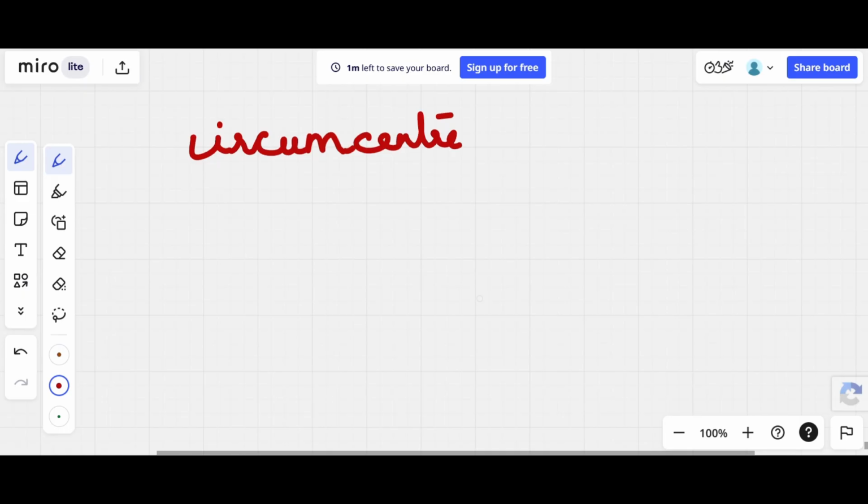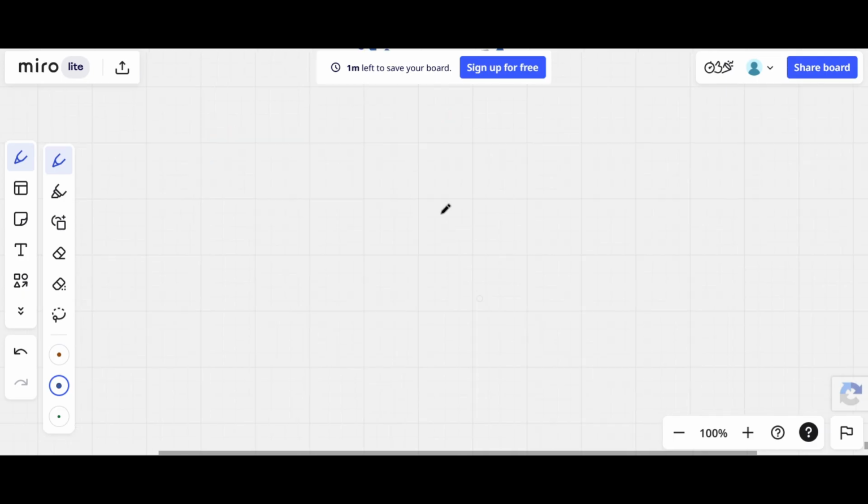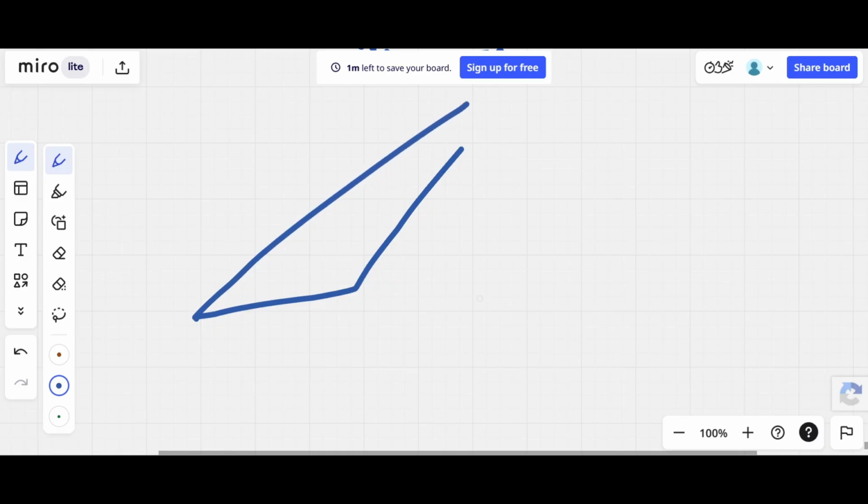So, the circumcenter of a triangle. First, let me make an acute triangle. This is my triangle ABC. How will it look?